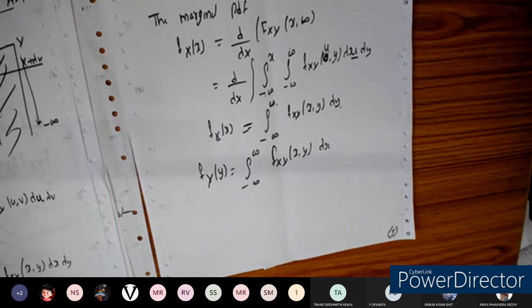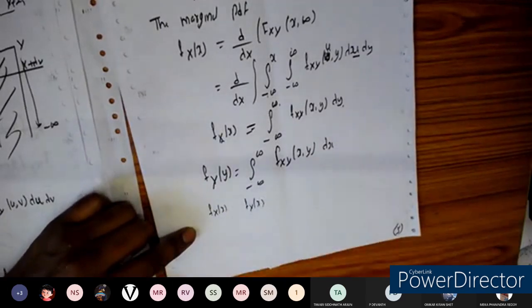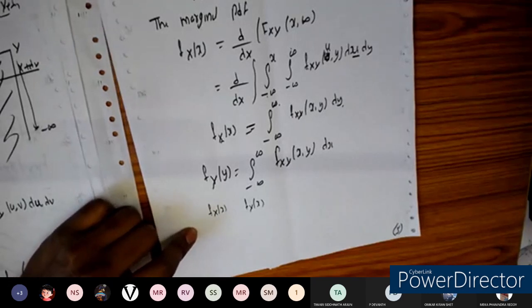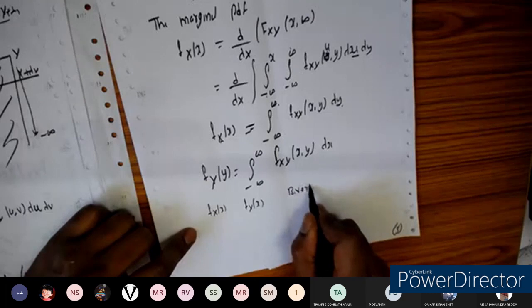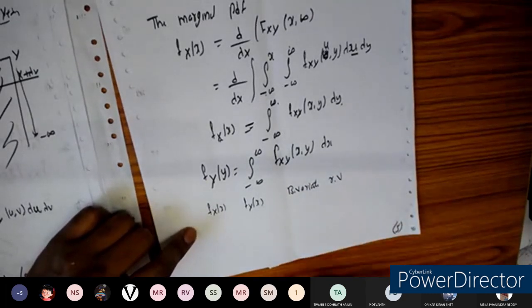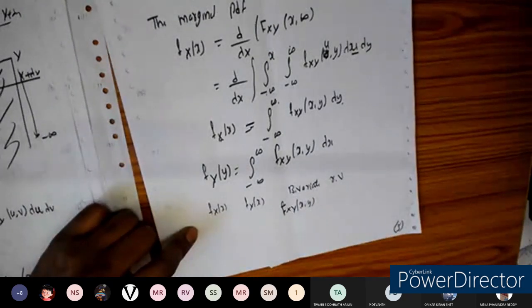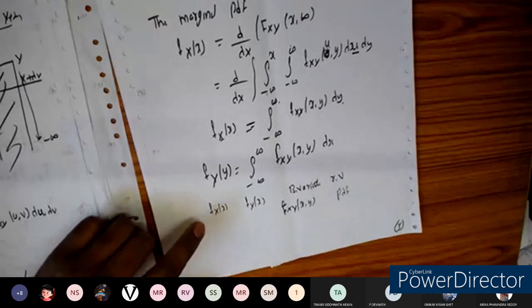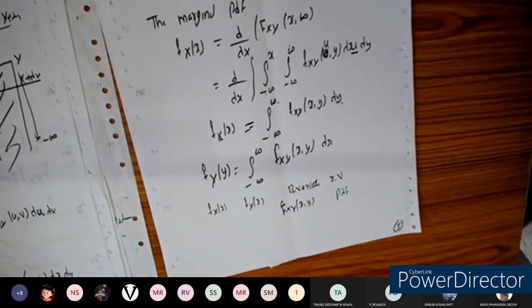When the probability density functions f_X of x and f_Y of y can be obtained from the joint random variable, you can take a bivariate random variable f_XY of x comma y, then such PDFs are called marginal PDFs, or marginal probability density functions.